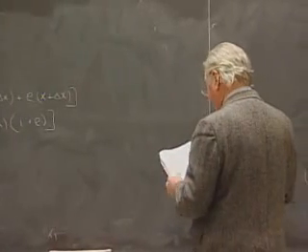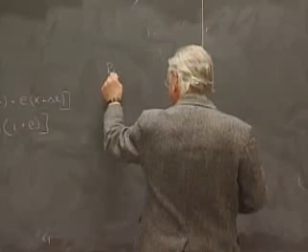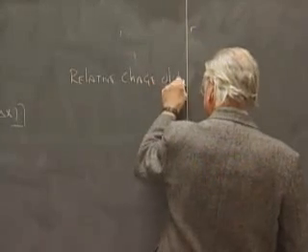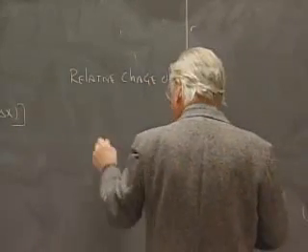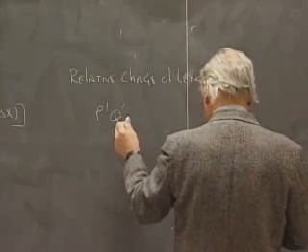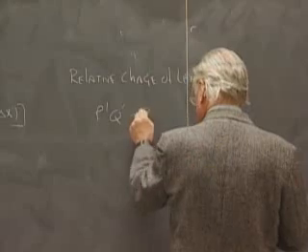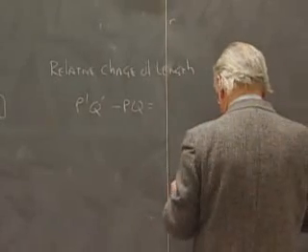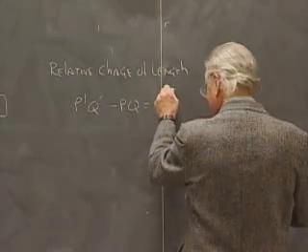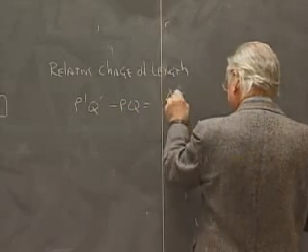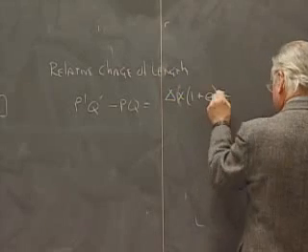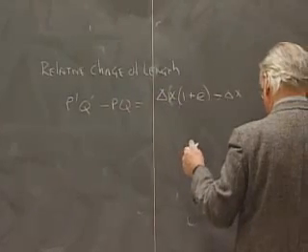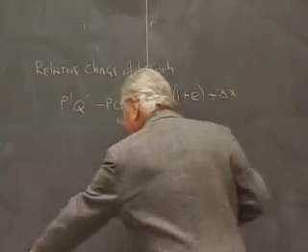Okay, so what has happened here? The relative change of length is going to be P prime Q prime minus P Q. And if we just substitute in our two expressions, the relative change of length is going to be equal to delta X times 1 plus E minus delta X. This is the relative change of length, and I should label it as such.